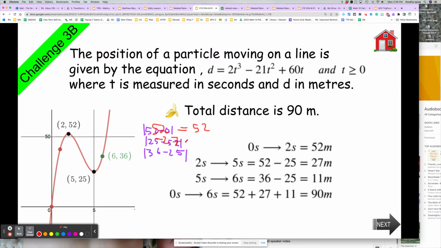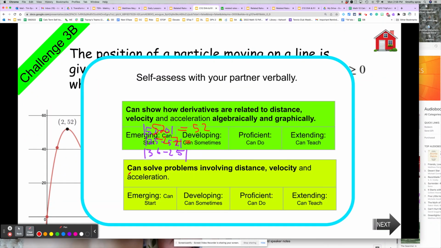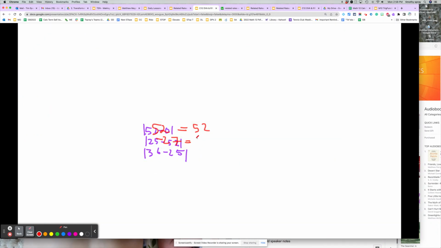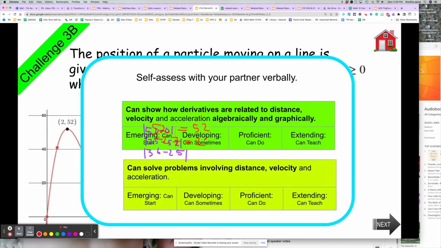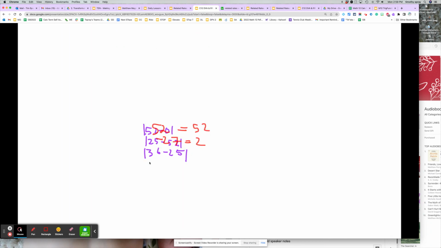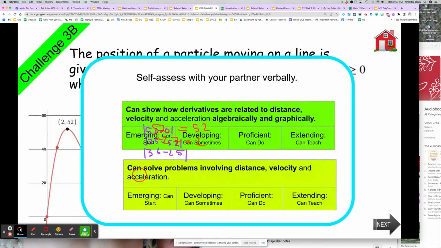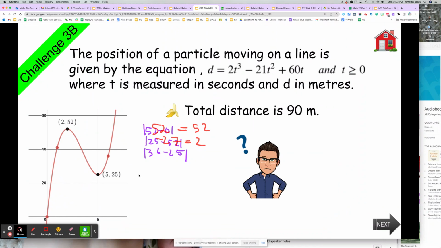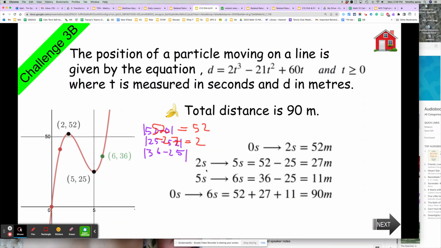But that doesn't make sense in terms of the total distance traveled. What does make sense is that it traveled a total distance of 27.